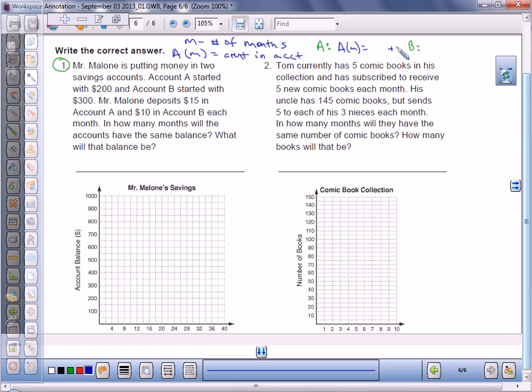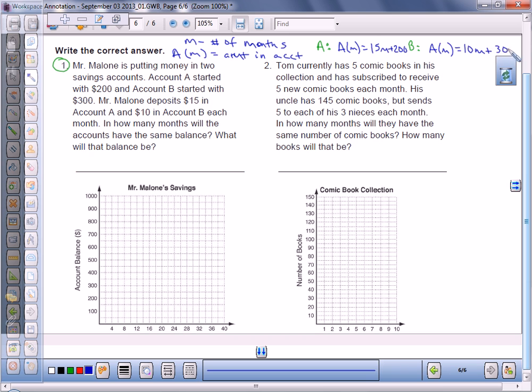And what is the rate of change? How is this changing each month? $15 per month. Okay, so we put 15 in. And then the equation for B would be 10M plus 300.